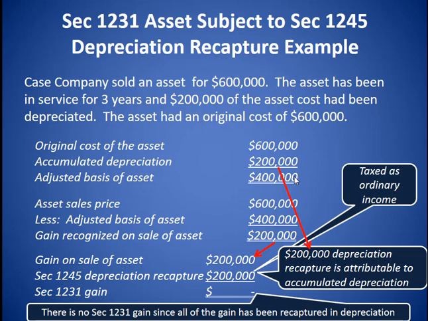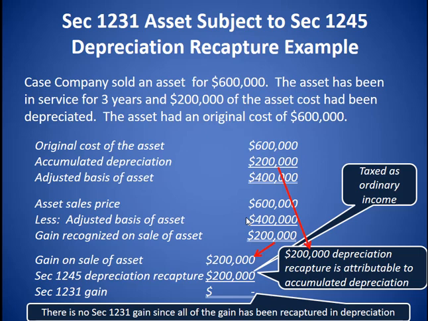In this case, the asset was sold for $600,000, and the adjusted basis of the asset was $400,000. So there was a gain recognized on the sale of the asset of $200,000.